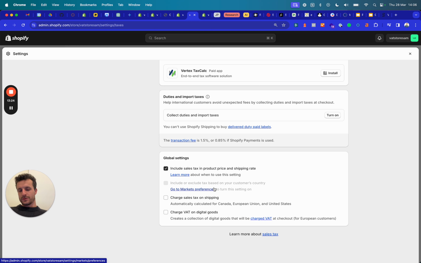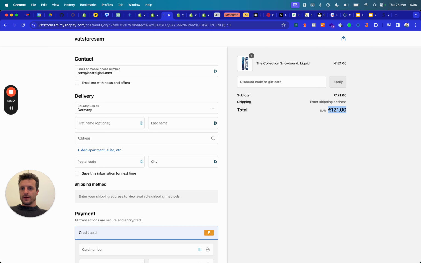If you then check out with that B2C customer for Belgium, I will do it again, then you will see that 21 euros is charged as VAT amount.